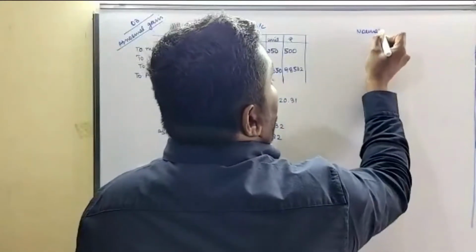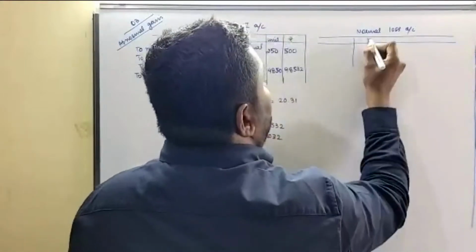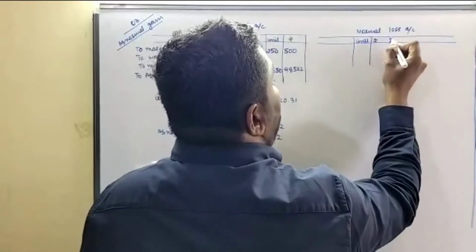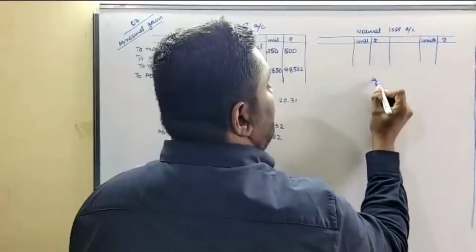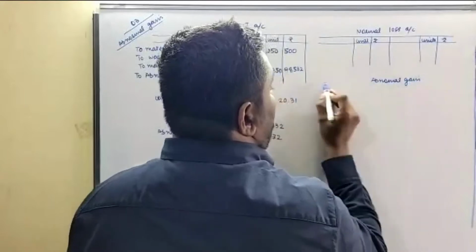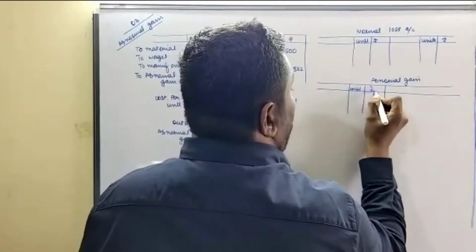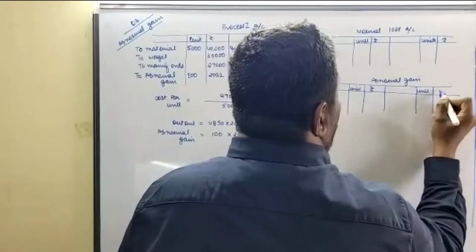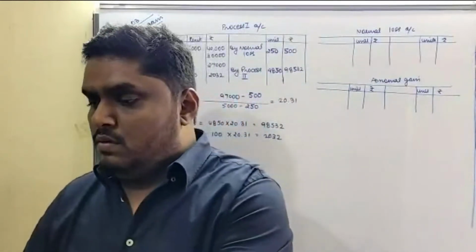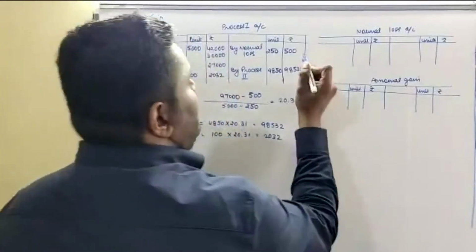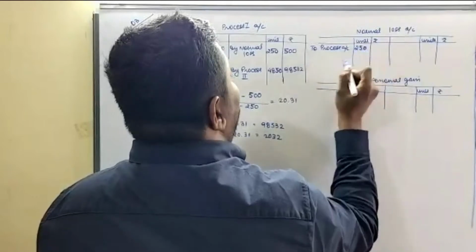So herein when talking about my normal loss to process account, 250 units at the rate 500.